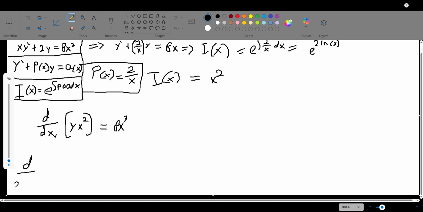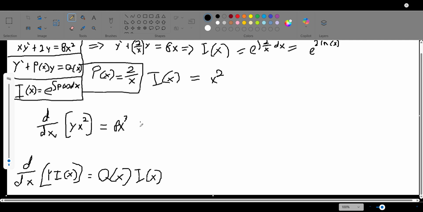The derivative, d over dx of y times your integrating factor, I of x, is equal to q of x times I of x.